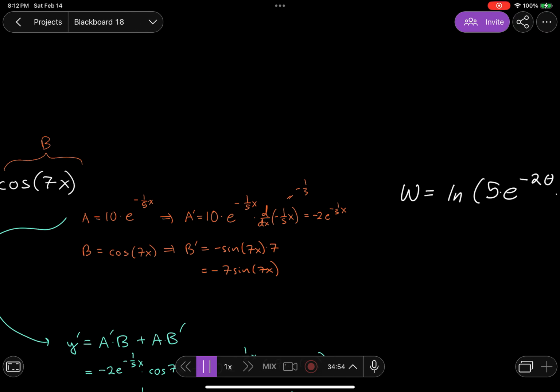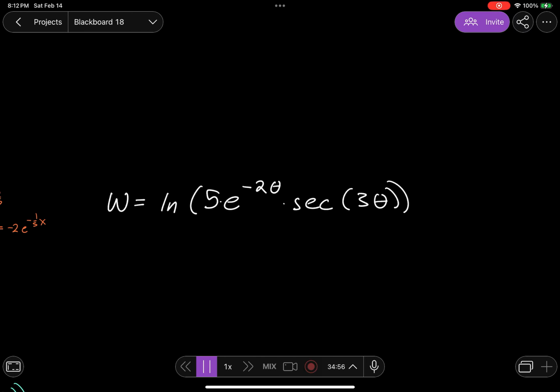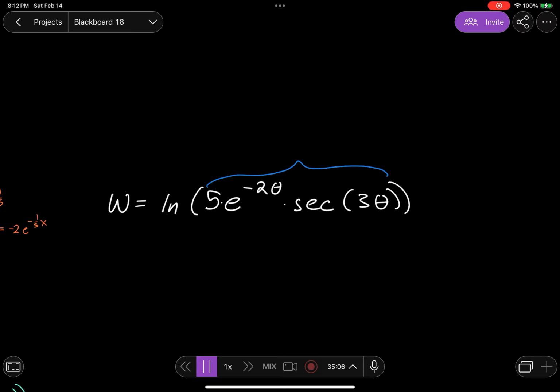All right, next we got W. Oh, geez, this one's definitely going to be a problem. So we have the natural log of this thing. I'll go ahead and start and say, well, the first step's not too bad. W prime, the outermost function is the natural log of something. That's actually one of the easier derivatives.